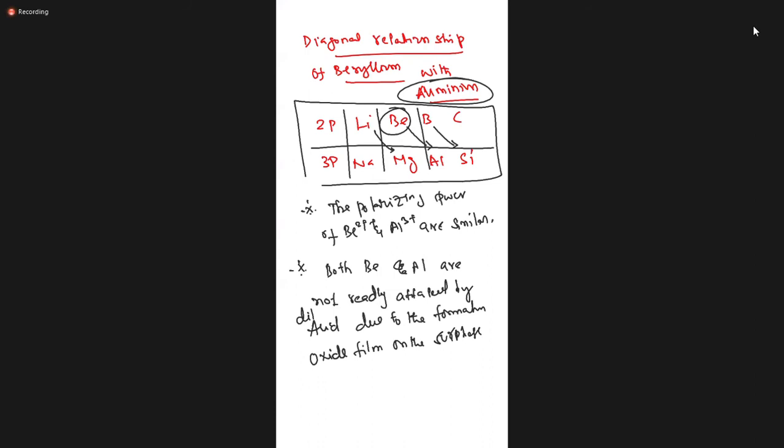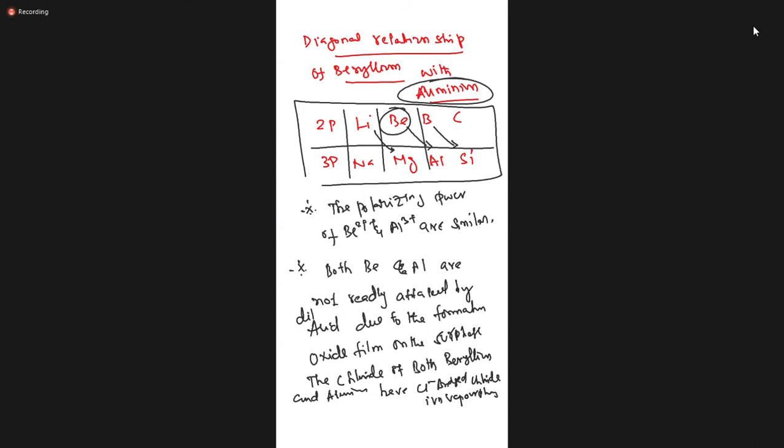This is very important. Please listen. The chlorides of both beryllium and aluminium have Cl minus bridged chloride structure in vapor phase.